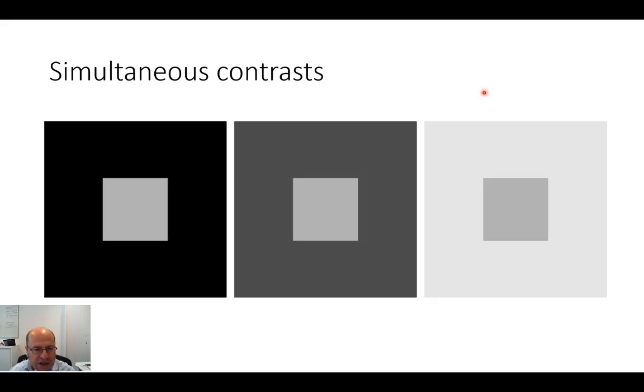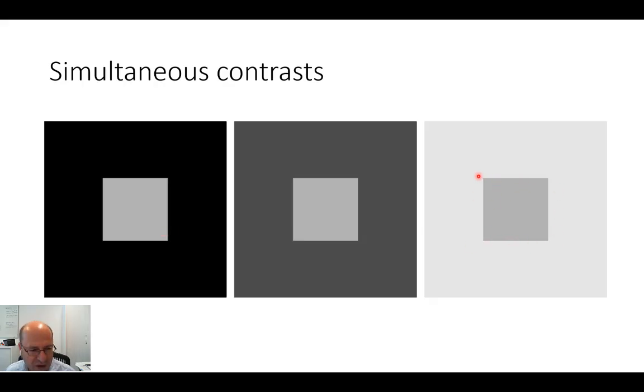Another related issue is the notion of simultaneous contrast. We've seen in the previous part of this lecture that our eyes adapt to the context, to the surroundings. I definitely see that this middle square here is lighter than this square here.